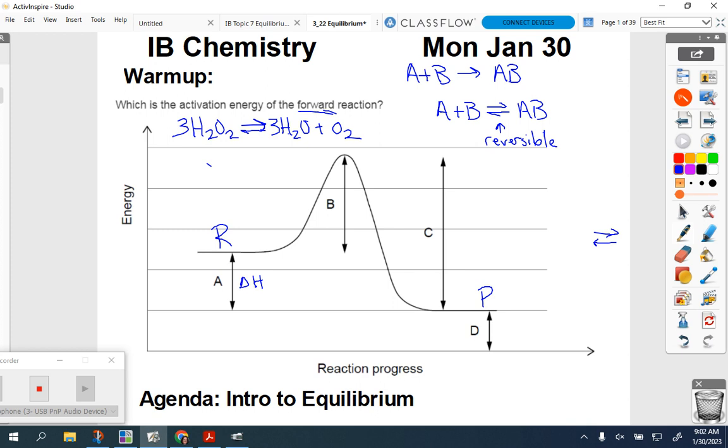And then that will be 6 on both sides. Yes. So 4 oxygens, 2 oxygens, 2 oxygens.